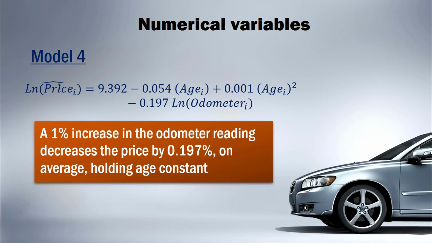So notice that because the y and x variables are logged, the interpretation of the coefficient is expressed in terms of percentage on both sides. And you don't have to worry about multiplying or dividing by 100 in this case, because you can just say a 1% increase in odometer gives you a 0.19% decrease, because that's negative, in the price. And of course, we have to hold the other variables constant for that interpretation.